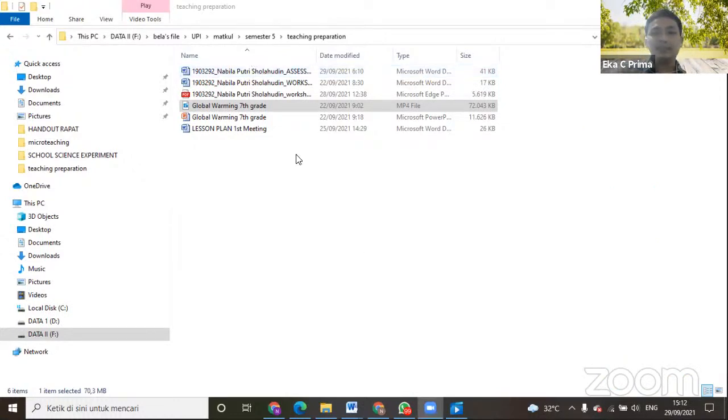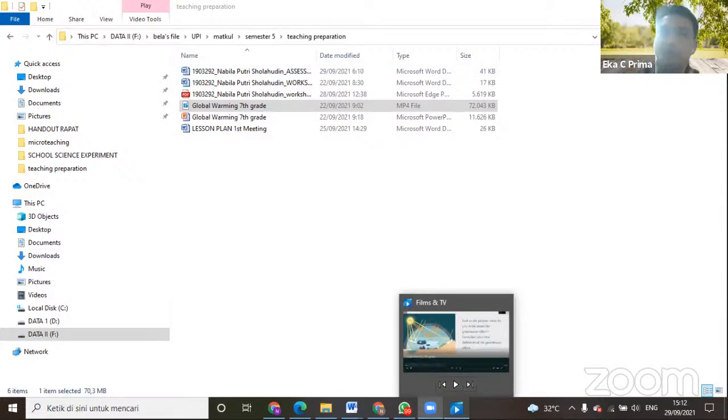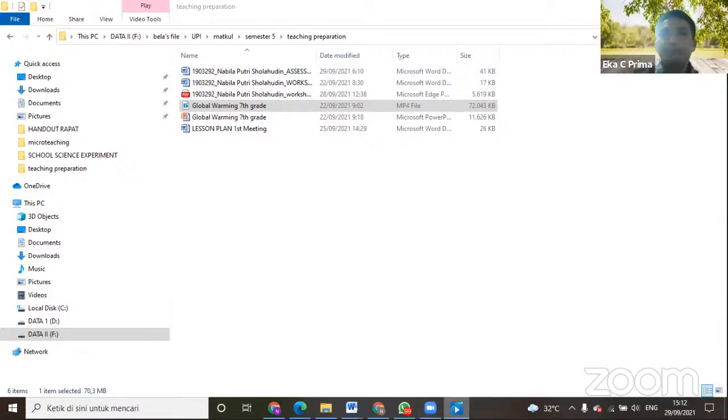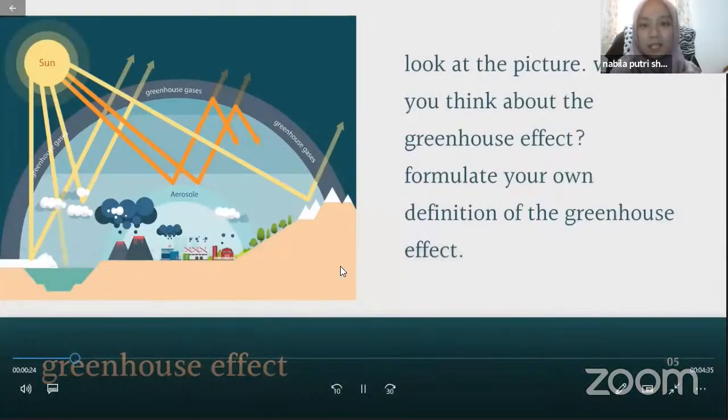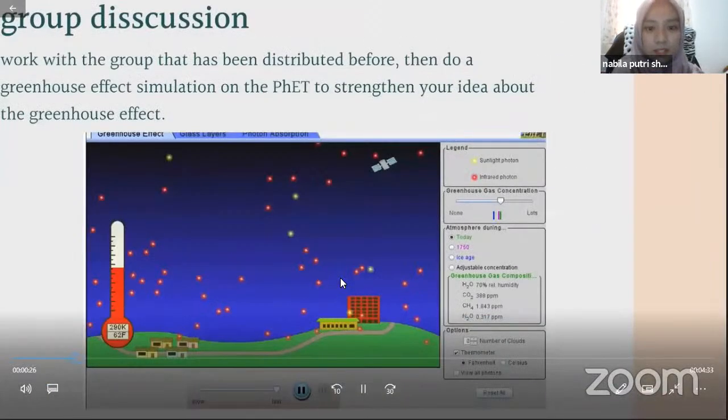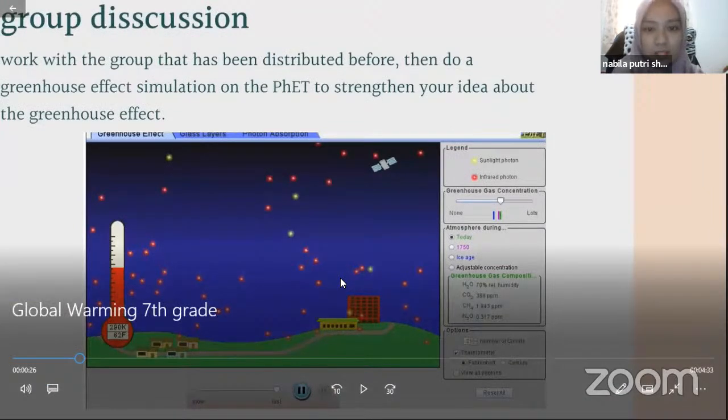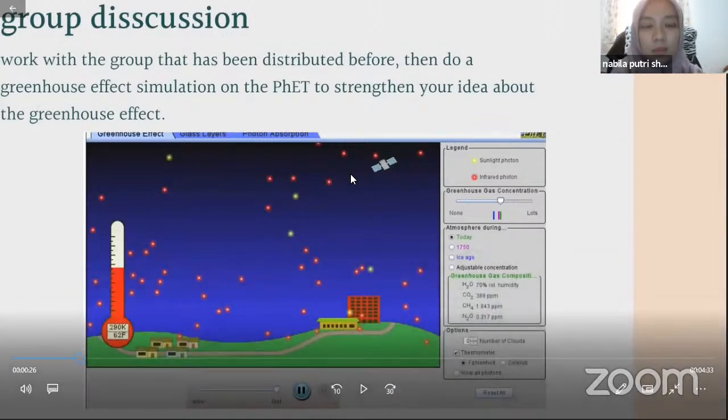So I just want to describe it in more detail, focusing on the concept. All right, thank you so much. After the students formulate the definition of the greenhouse effect, they will work in a group and do a simulation to strengthen the idea about the greenhouse effect.